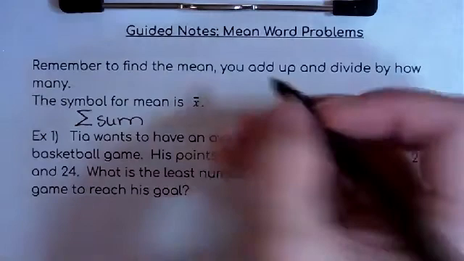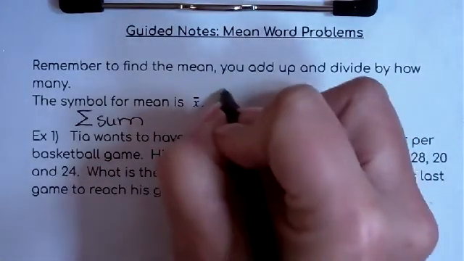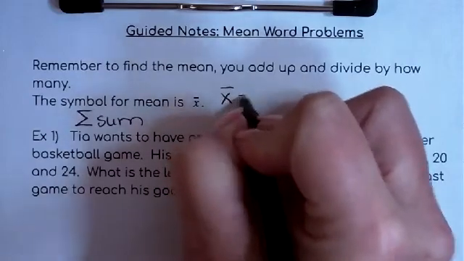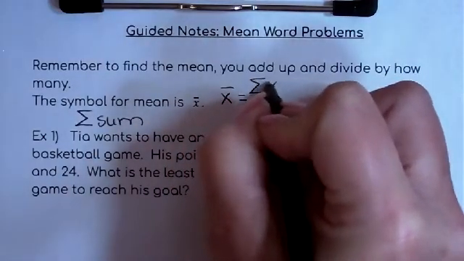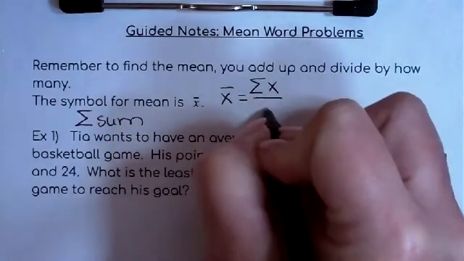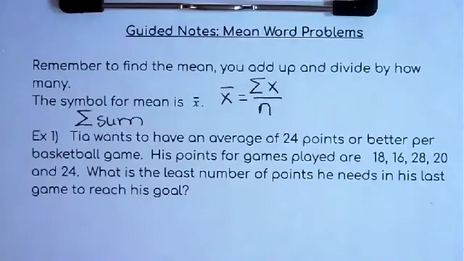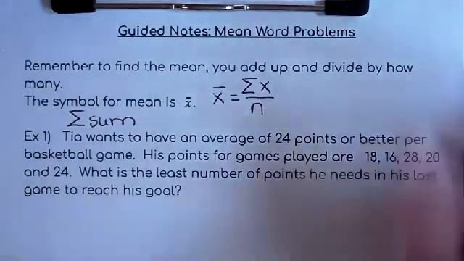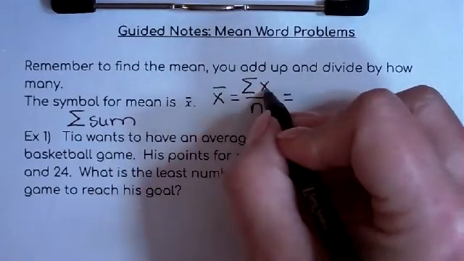Now, our formula for mean is X mean equal to sigma X divided by a lowercase n. Okay, that's a basic formula for mean, and we're going to use that to solve these problems. Just remember, add up all of our x's.